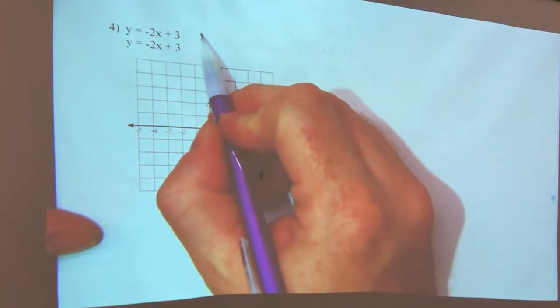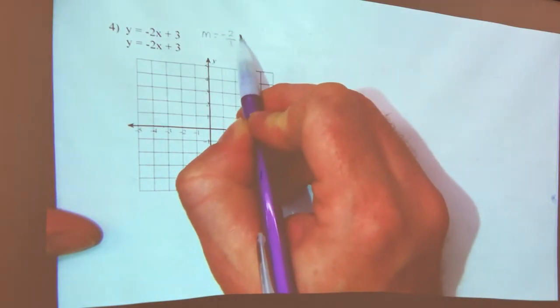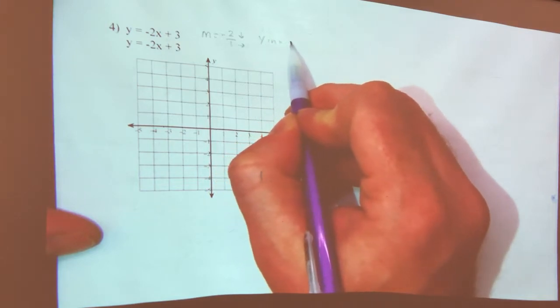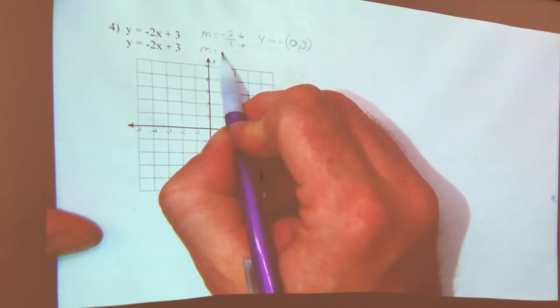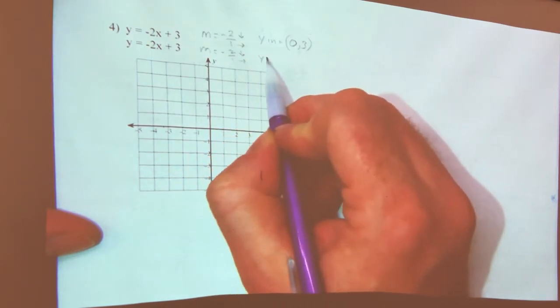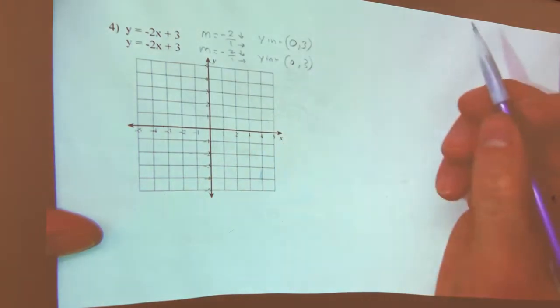So here, let's graph these lines. Notice this has a slope of -2/1 and a y-intercept of 3, and this other line is exactly the same line. So it also has a slope of -2/1 and a y-intercept of 3.